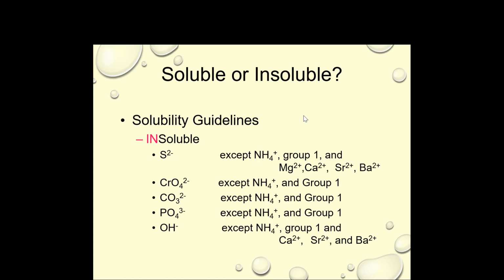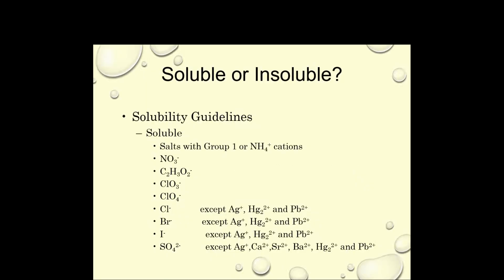What I don't like about this list, but it's what was put in the PowerPoint, is that chromates, carbonates, and phosphates are all insoluble except for something we already mentioned on the last slide. On the last slide, we said that group 1 and ammonium cations are always going to be soluble, no matter what they're paired up with.